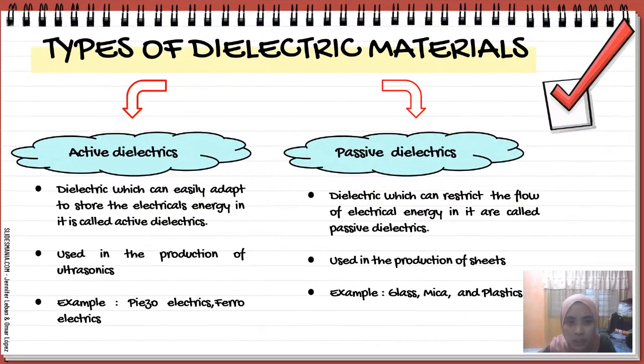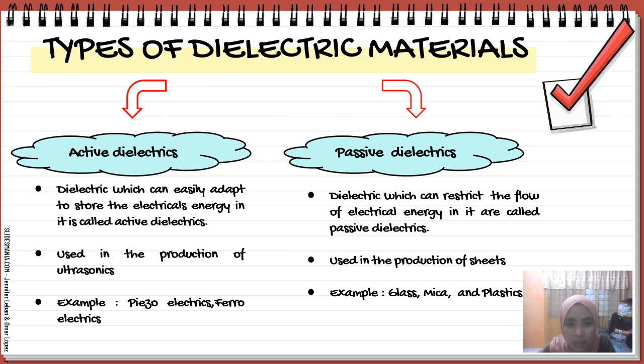Next we go to the types of dielectric material. Dielectric material can be divided into two types, which are active dielectric and passive dielectric. The active dielectric can easily adapt to store electrical energy, and it is used in the production of ultrasonic devices. Examples of active dielectric are piezoelectric and ferroelectric.